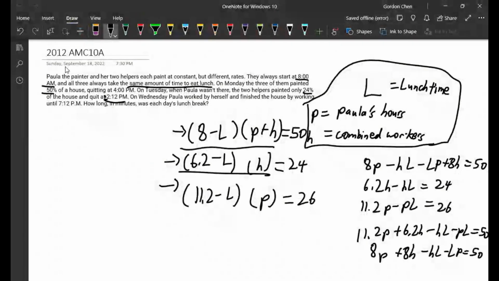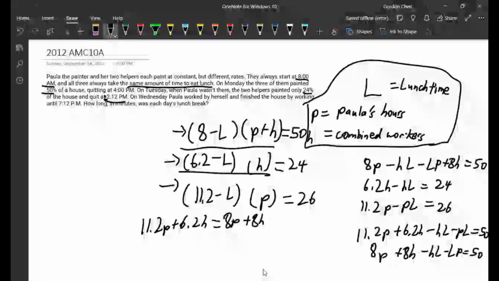And then we can set these two equations to be equal. And then what we'll have is 11.2P plus 6.2H equals 8P plus 8H.